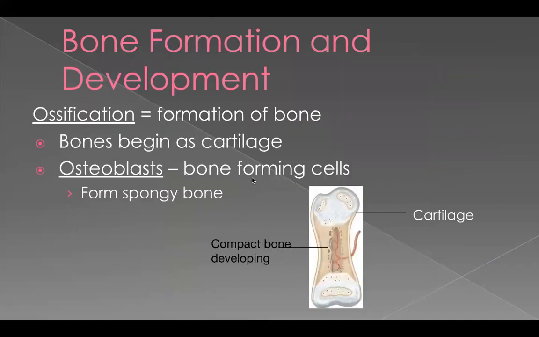All right. How does bone develop? Bone development and formation. The process of hardening the bone: when we're born, our bones aren't as hard as they will get. So it goes through this process of ossification. It begins as cartilage, and then osteoblasts, the bone forming cells, form the spongy bone.